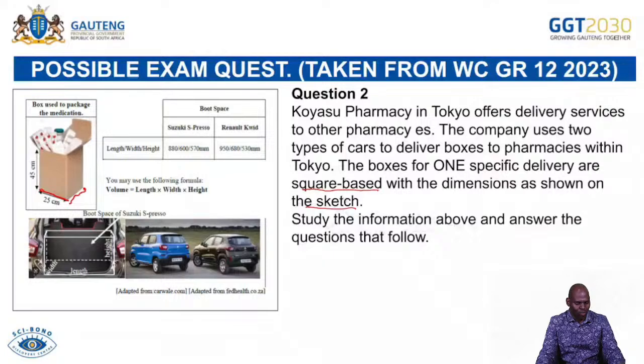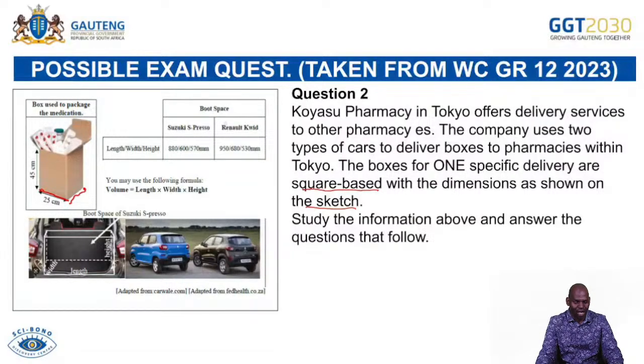We have already studied the box, and then they give the boot space. For the Suzuki Espresso, it's 880 multiplied by 600 multiplied by 570. In this, 880 is the length, the width is 600, and the height is 570.